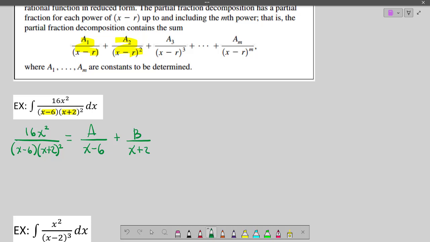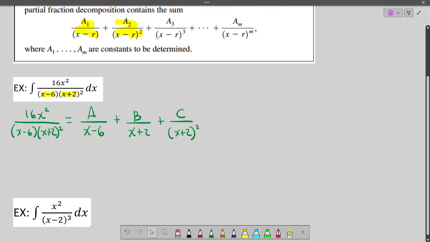So we need a partial fraction for x plus 2, but moreover, we also need a partial fraction for that extra power on that linear factor. And if this thing was a cube down there, you would have a d over x plus 2 quantity cubed. So every power has to have its own partial fraction. So that is our setup right there.